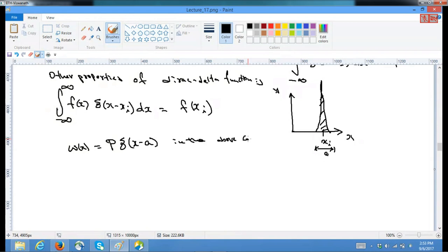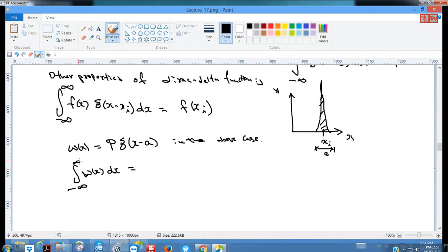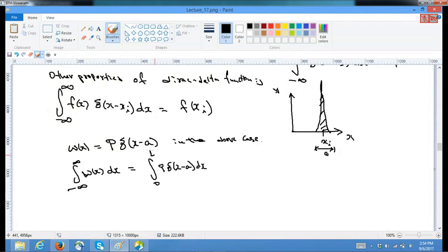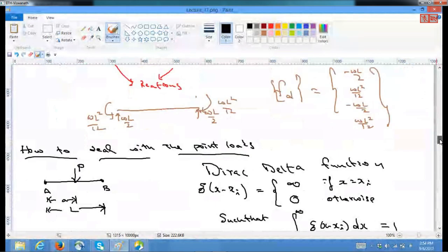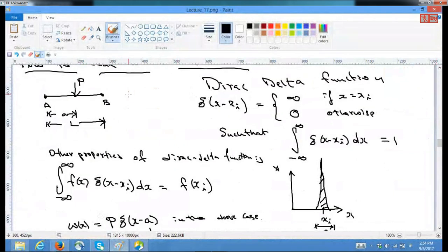So when I integrate w of x dx from minus infinity to infinity, or 0 to L in this case, it is the integral of P delta(x minus a) dx, which would be equal to capital P, which is what we are looking for in the current case. So we are looking for a point load P at a location x equals a.